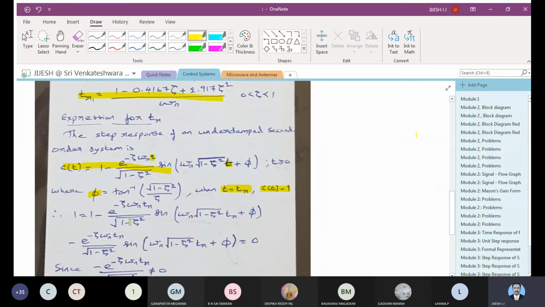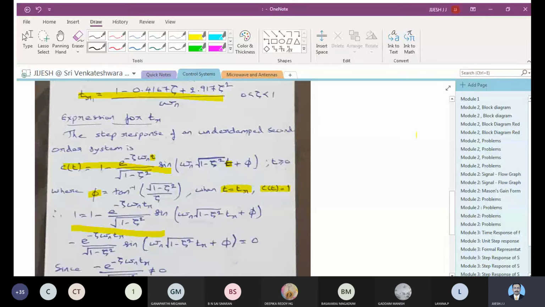So that is how you will get this equation. And further, we have taken the terms together on this side, and that equals 0 here. So from this we can understand that this term cannot be 0.